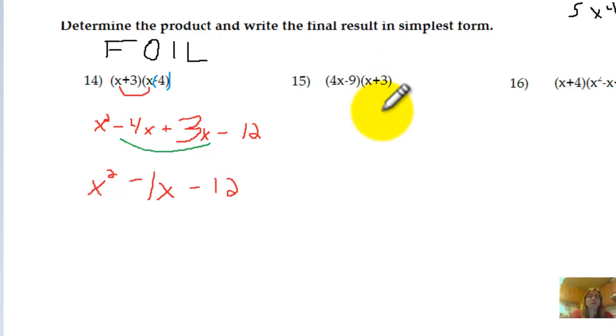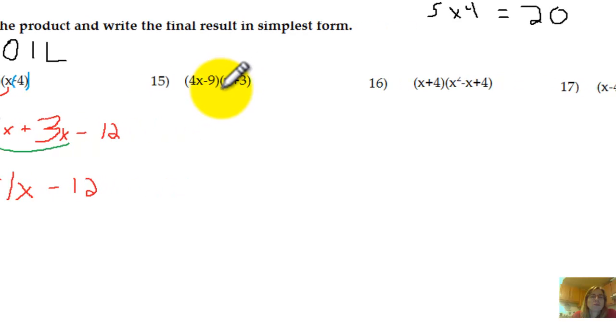Alright, for this one, it's the same method, FOIL: do the first ones, then the outside ones, then the inside ones, and the last ones. So 4x times x, 4x is positive, x is positive, so that is 4x squared. Then do the outside ones, so that's 4x times positive 3, which is plus 12x.